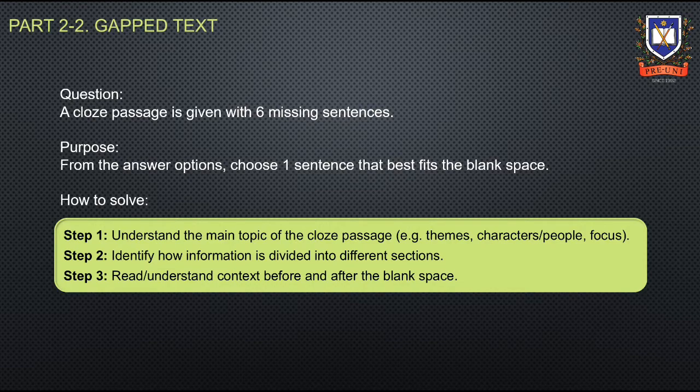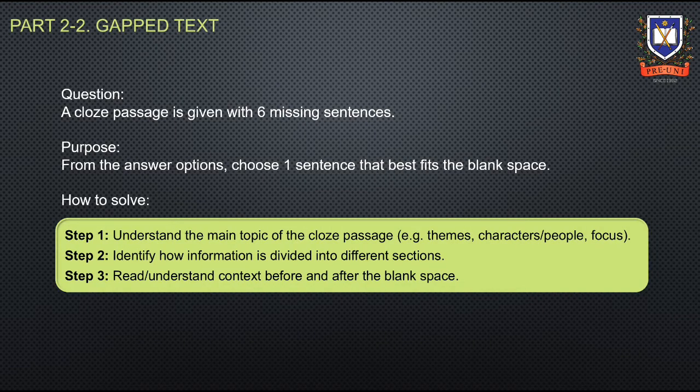We're going to be using a bank full of answer options and seeing which one best fits into the blank space. So you might see that there's a lot of overlap in the skills we need between gapped texts and the earlier fill in the blanks type questions we saw in part 1.